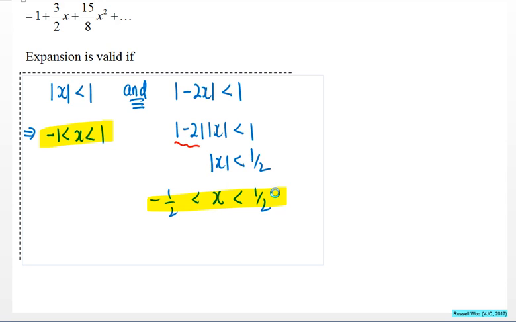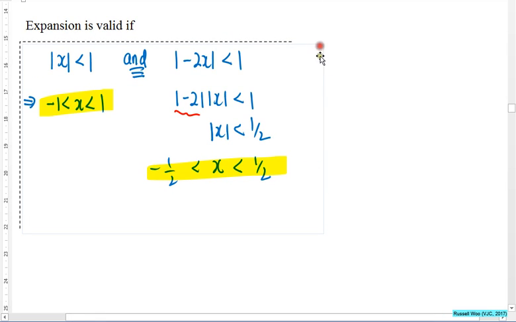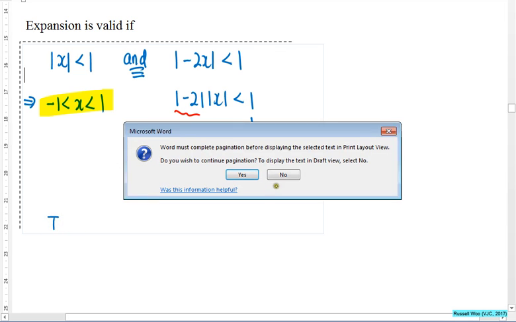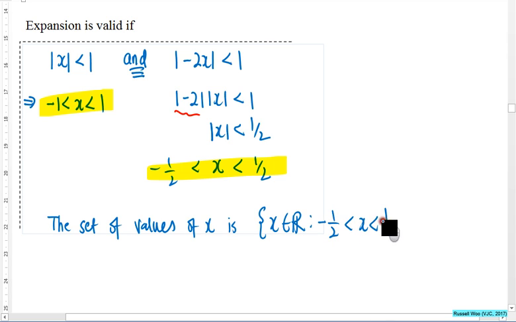If you satisfy this, you surely satisfy this. So therefore, the final answer must be this. So a set of values. The question again asks for a set of values of x. Done.